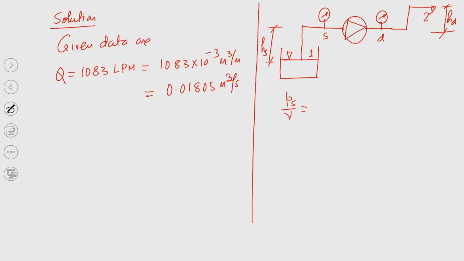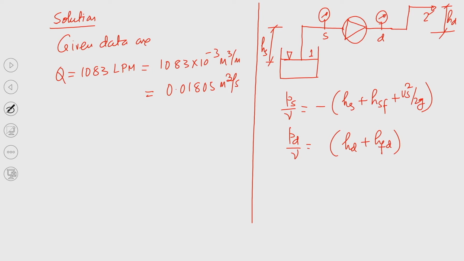This is the static pressure measured by the pressure gauge placed in the suction side, that is nothing but minus H s plus H s f plus V s square by 2 g, and similarly P d by gamma, the pressure measured from the pressure gauge placed in the delivery line, is nothing but H d plus H f d, right.